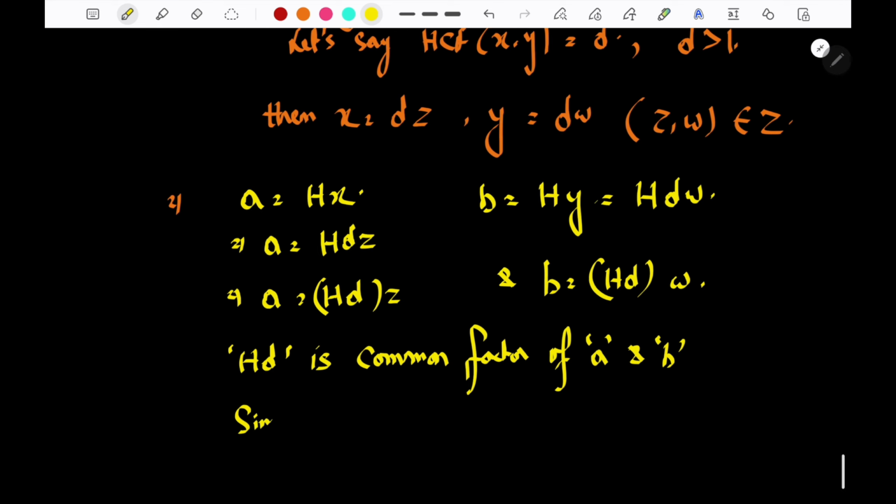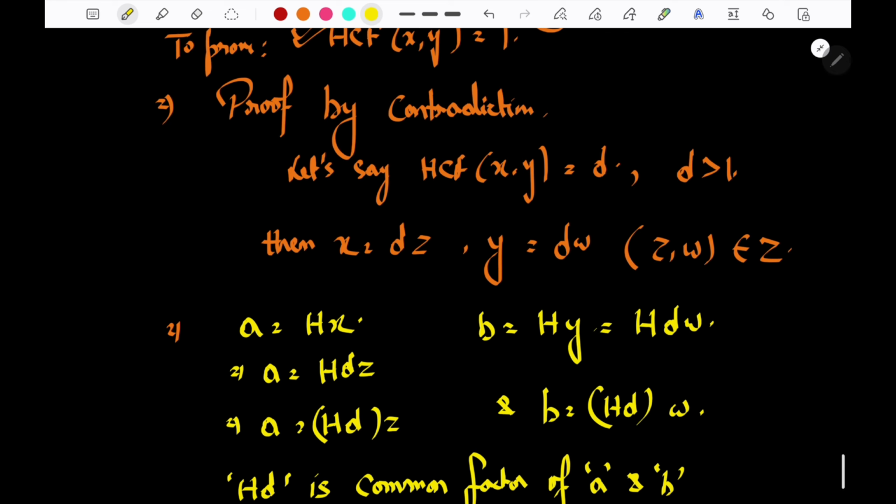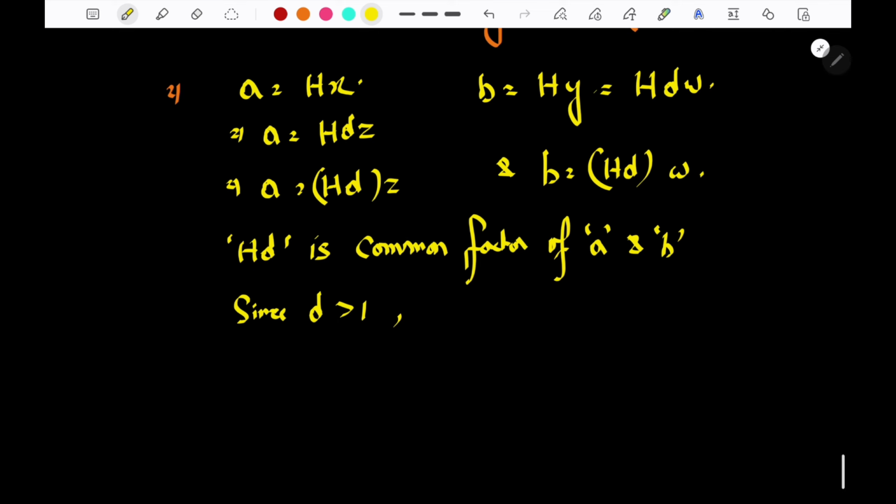Now since d is greater than 1, why? D is the HCF. So we didn't assume that HCF is 1. So HCF is d, so d is greater than 1. Now if d is greater than 1, then hd is greater than h.